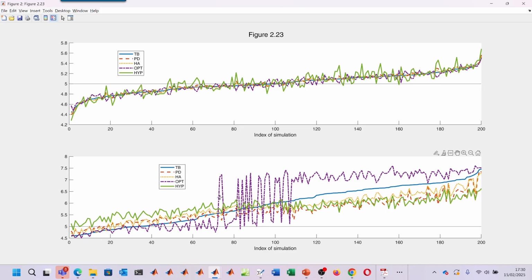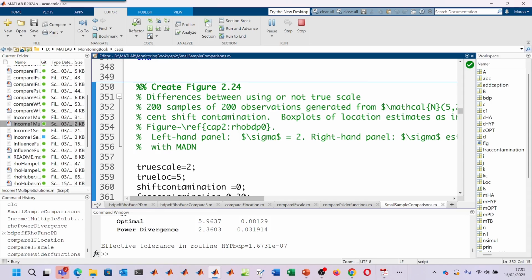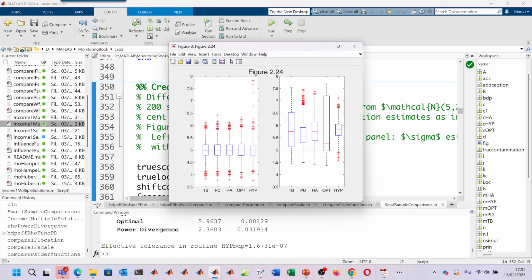So really, this is almost as if it were providing a binary estimate of the parameter. The other difference is the optimal rho function, which seems to have a slightly higher value than the estimates contributed by the other estimators. At the end, the behavior for power divergence, AMPLE and hyperbolic seems to be very, very similar.